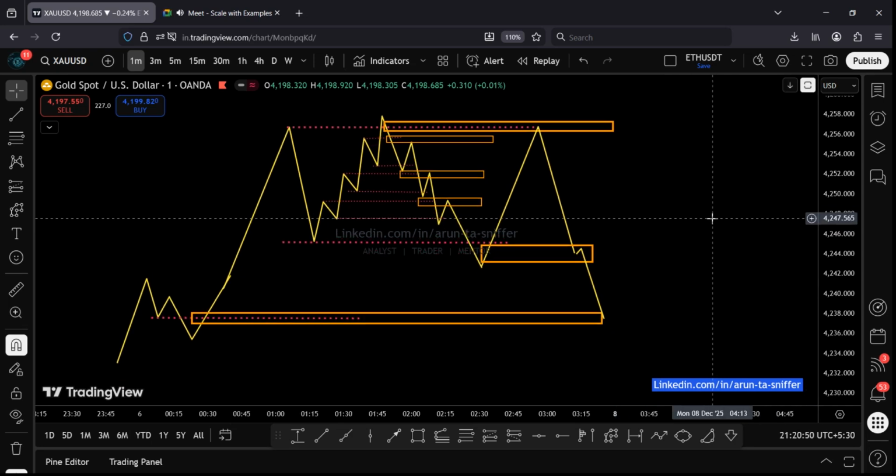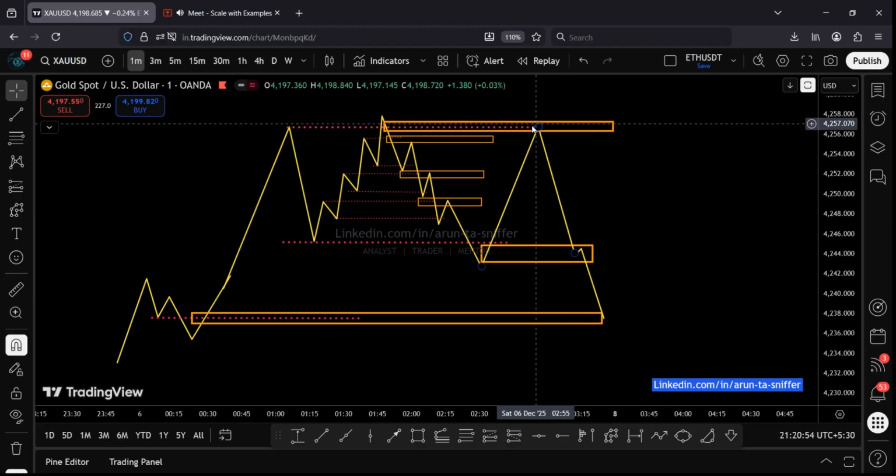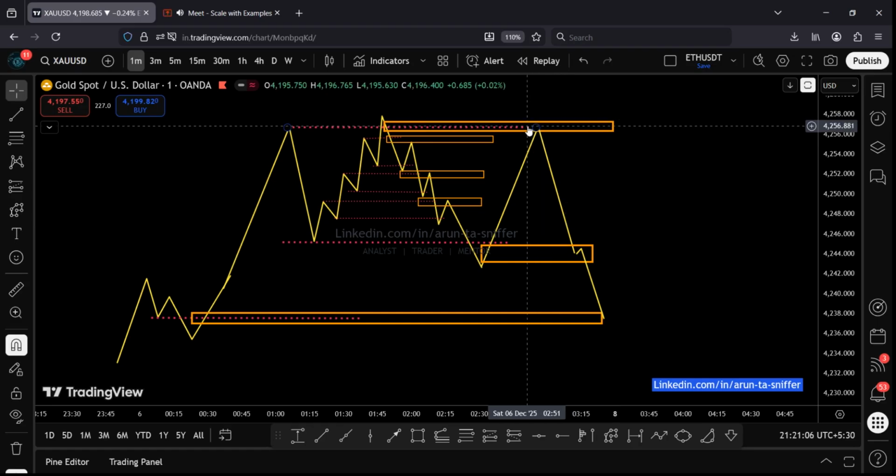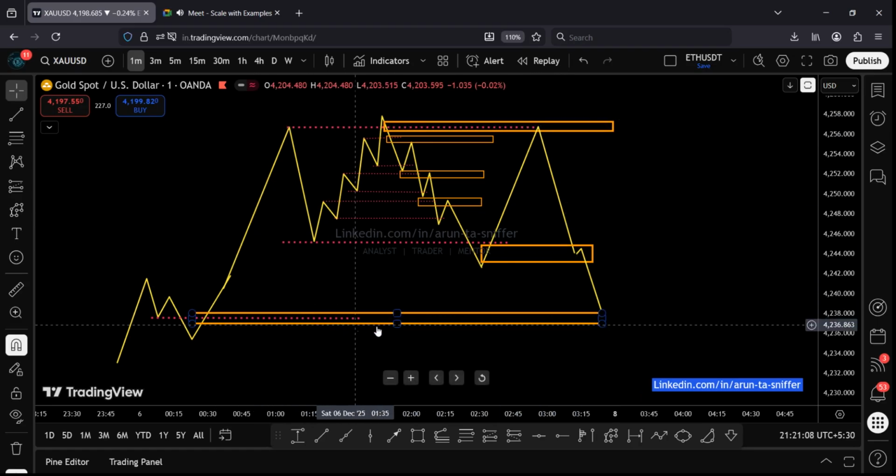So what does this mean? When price is coming after hitting the QM level, the probability is, or the scale suggests, the price will reach the opposite side of QM. This is bearish QM and this is bullish QM, right?